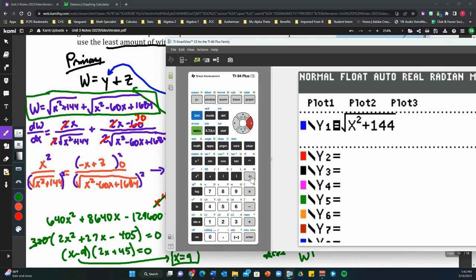Older calculators, make sure you close the parentheses after that 144. And then plus the square root of the second guy. The reason I'm doing this is that when you have a function stored, you can easily pass multiple values of x into that function in a couple of different ways.